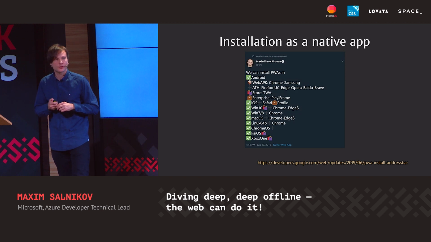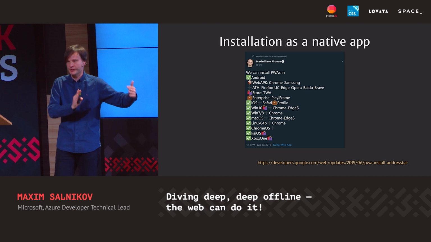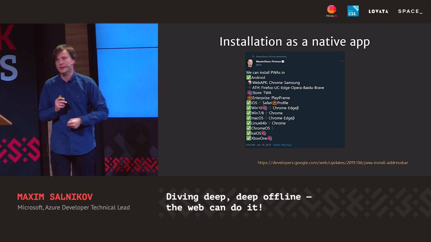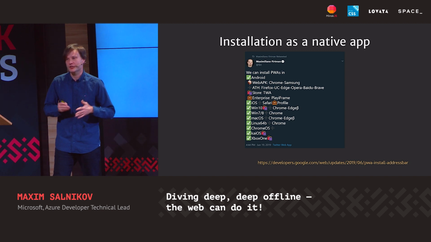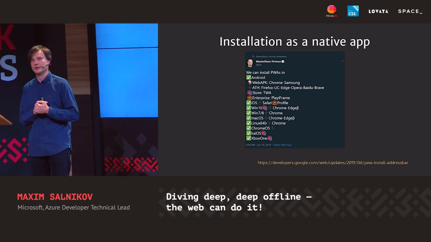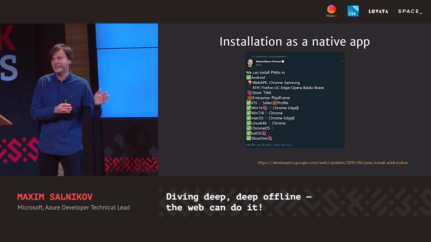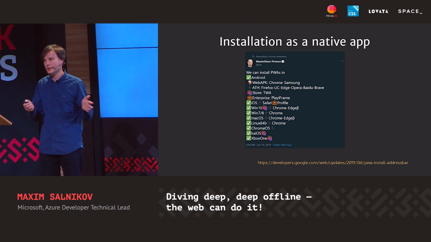For now, I just want to say that today we skip the installation part of this. It deserves a separate session, or maybe a couple of sessions. This is just a screenshot from Twitter of my friend Maxim about where you can install and correspondingly run your client-side web application in terms of operating systems and browsers. You see that the list is pretty promising, and yes, as I said, you can run this everywhere natively.